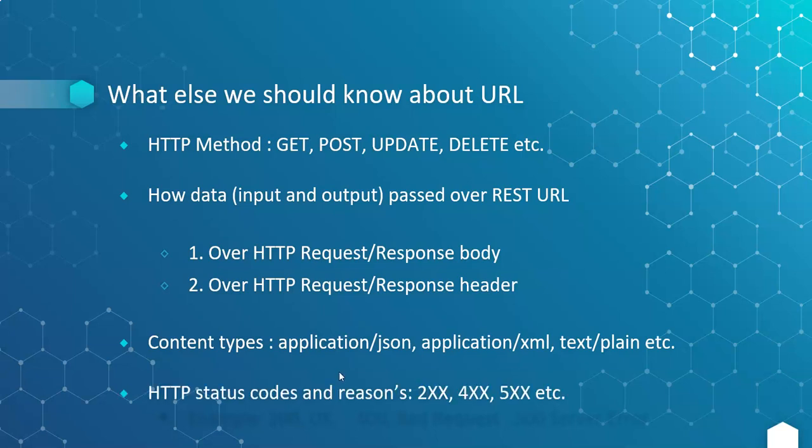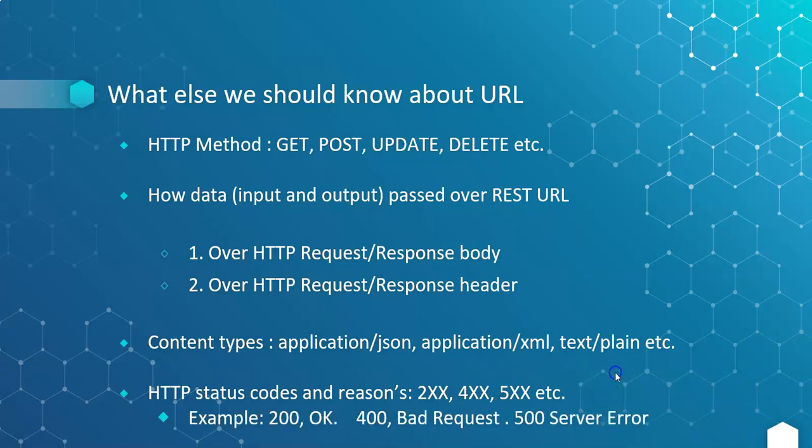What else should we be aware of with REST services? Whenever we develop REST services, we make the data transfer over the header or body in the request and in the response, correct? But we also respond with status codes like 200, 400, 500 and reasons.